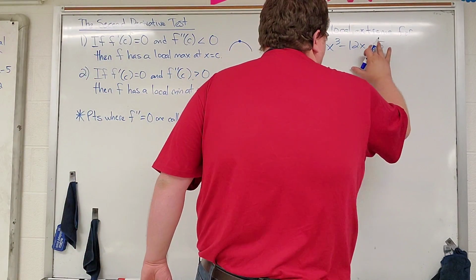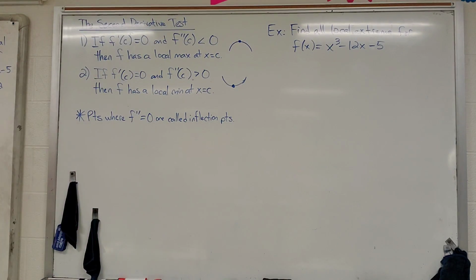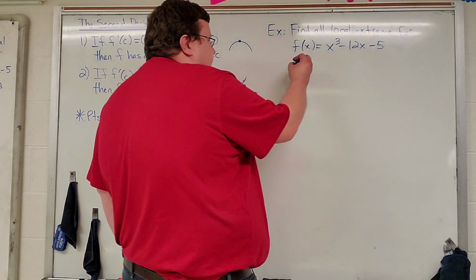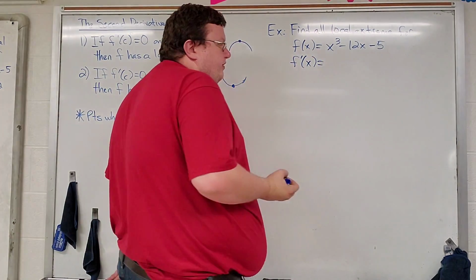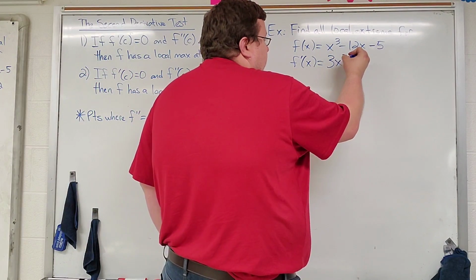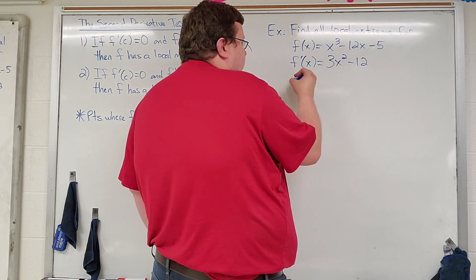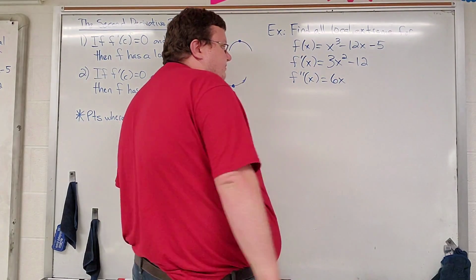Sorry, actually it's minus 5, my bad. Well, we'll need the first derivative for critical points. So the first derivative, you'll use the power rule on that. You'll get 3x squared minus 12. You'll also need the second derivative. You'll get 6x.